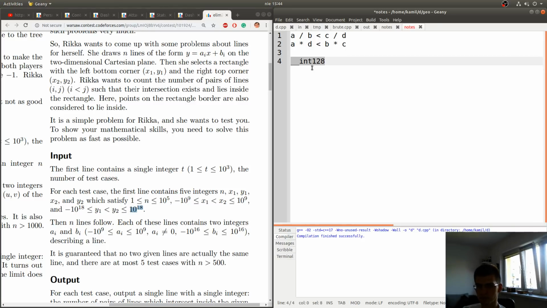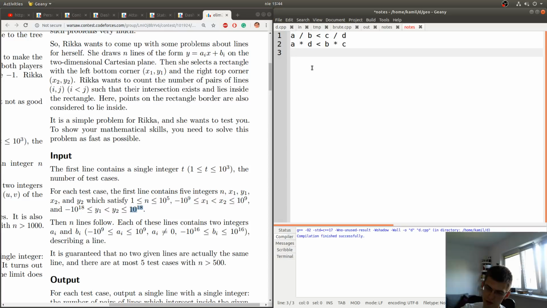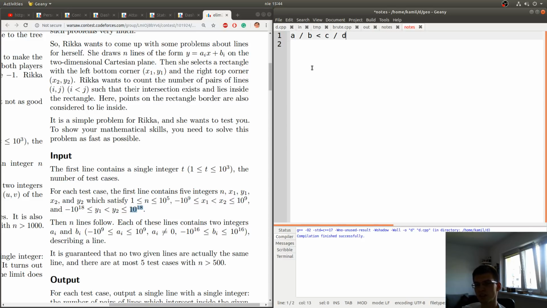Unfortunately, it's impossible to use in Codeforces, because Codeforces uses Windows, and int 128 is not supported. So you must do some other trick. One possible thing, I think the easiest one here, is to not really do the multiplication, but to represent, for example, let's say that we have 1000 divided by 300, whether it's smaller than something.